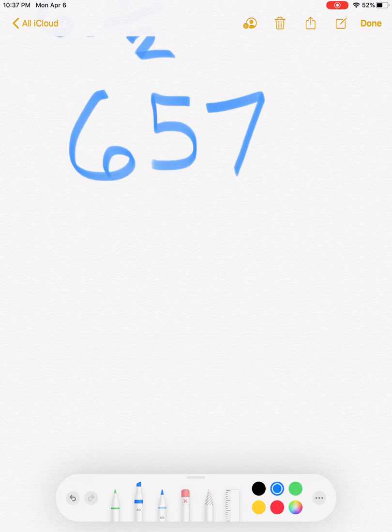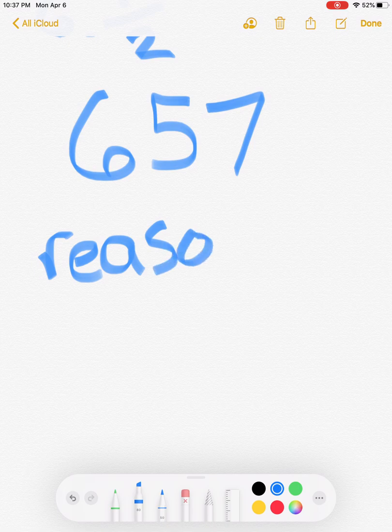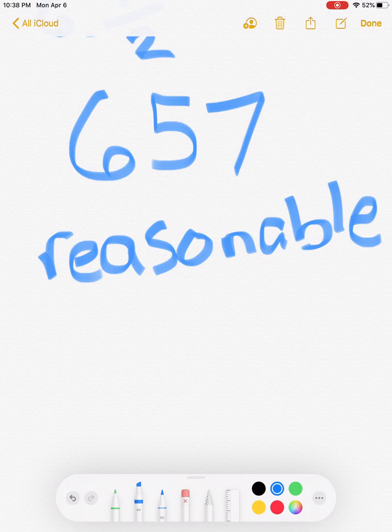We're going to be doing a problem-solving investigation. We're going to learn a new strategy today, determining reasonable answers. Keyword is reasonable. Let's learn the strategy.